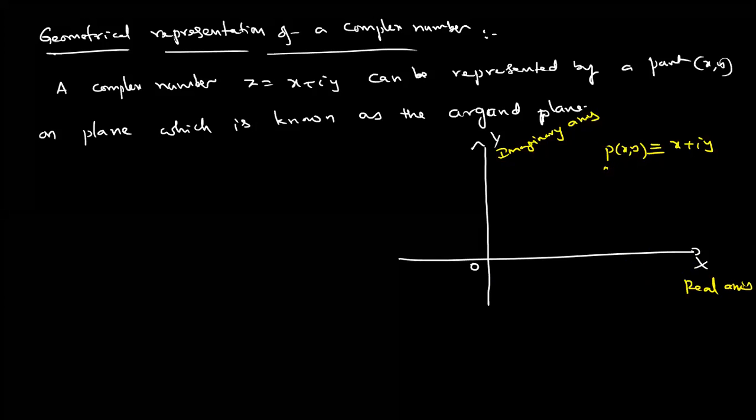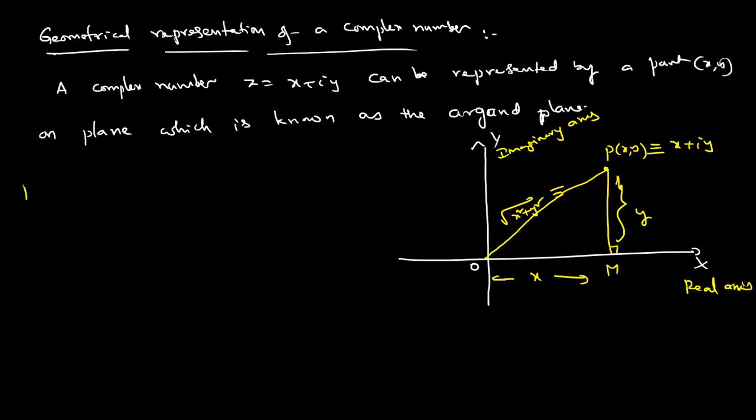Fine. Now drop the perpendicular, suppose M. Okay, so what is this point? This is x. This is y. So what is the value of OP, anyone? Root over x square plus y square, by Pythagoras theorem. Okay, fine.